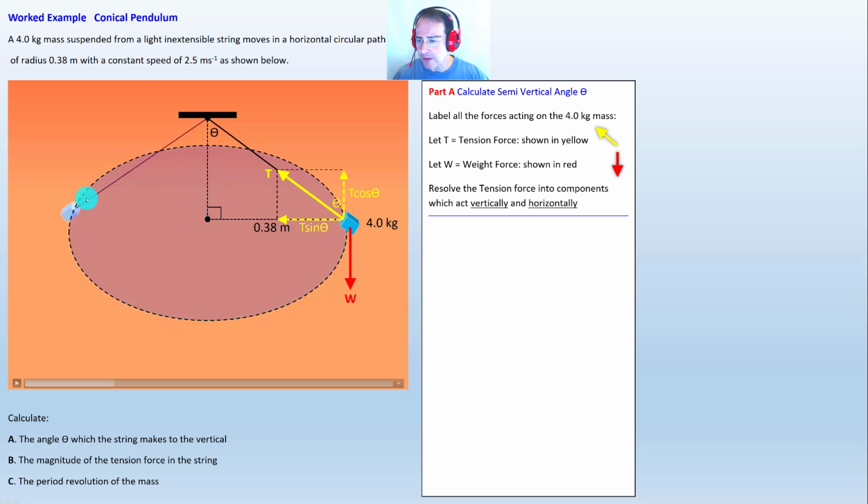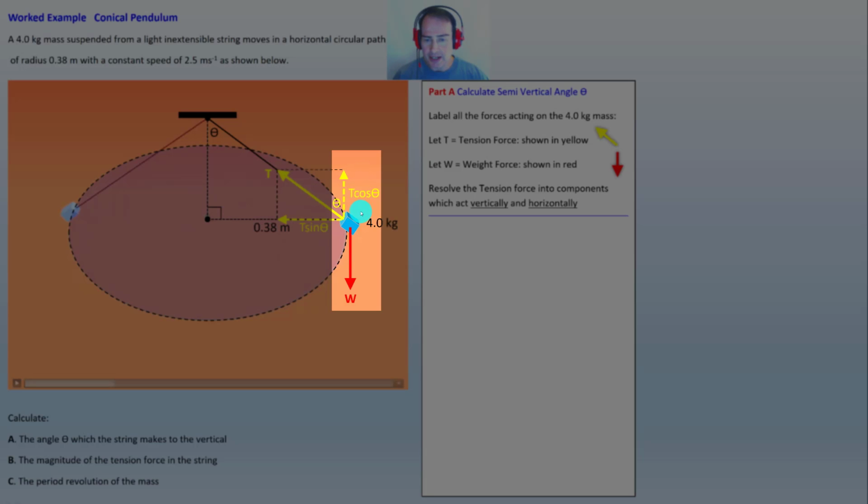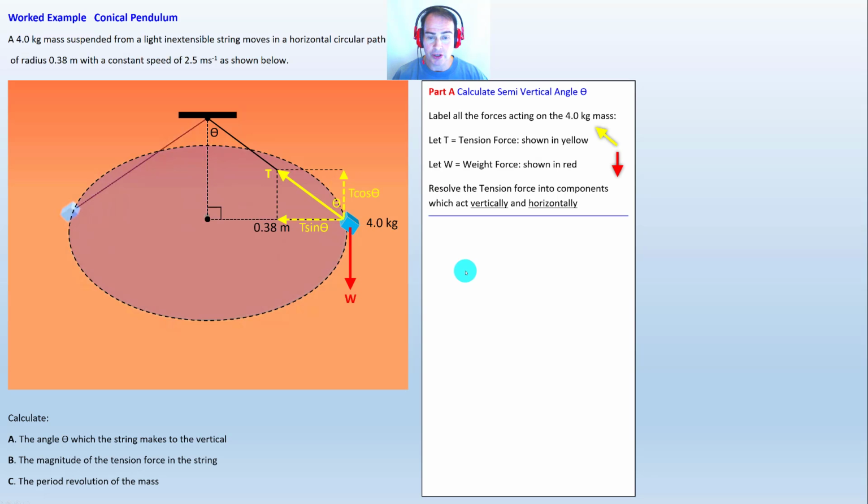Since the mass is travelling in a horizontal circle, at no stage does it accelerate vertically. This means that any vertical forces acting on the mass must be in balance. That is, the T cos theta upwards must balance the weight force downwards. So that's our first equation.